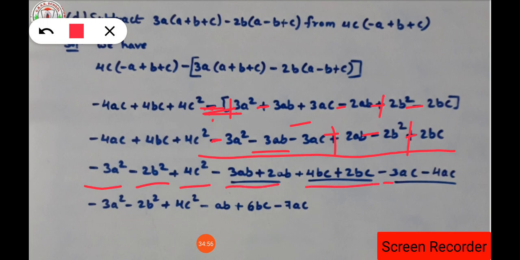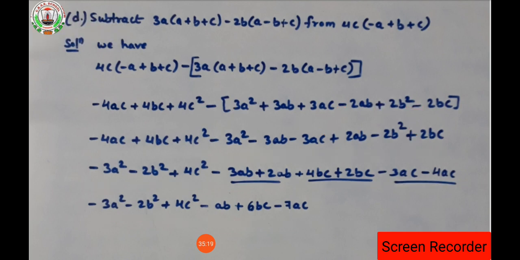The rest of the terms have pairs. So wherever like terms are there, we will form a pair and do the mathematical operations. The last answer we get is minus 3a square minus 2b square plus 4c square minus ab plus 6bc minus 7ac. We will get the answer.